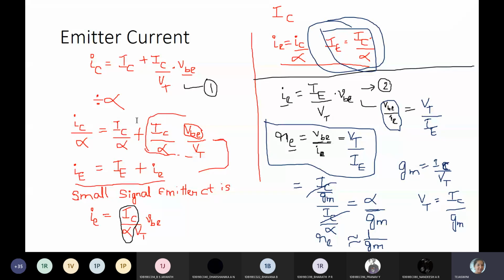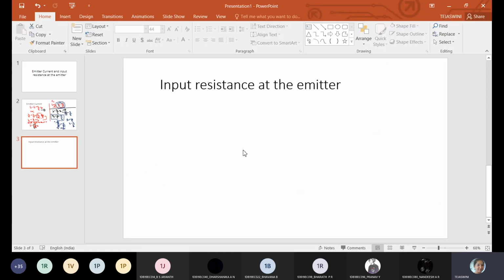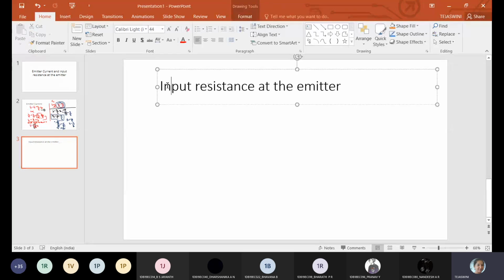Now, this is an amplifier, so what we need to do is find the gain. We have found the current and the resistance. Next we will move on to the voltage gain. Before that we have a relationship between R pi and Re.